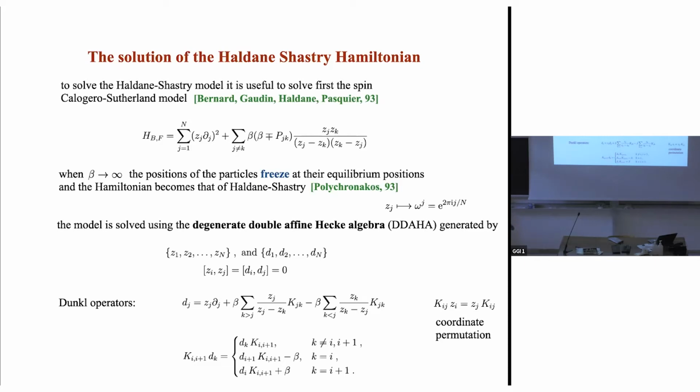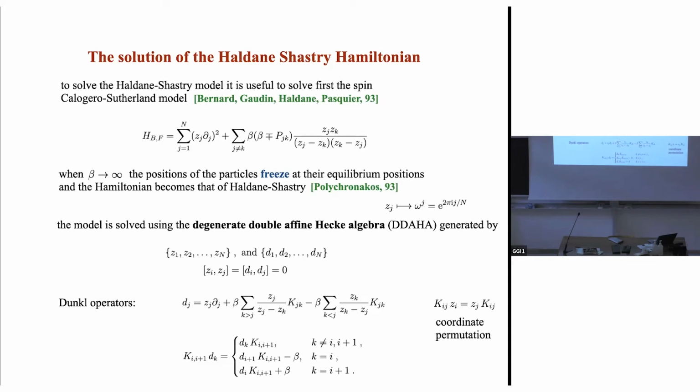When you send beta to infinity, particles tend to freeze to their equilibrium position, the spinless part becomes just a constant, and the kinetic term of course vanishes, and what is left is just the exchange term with the fixed positions of the spins.